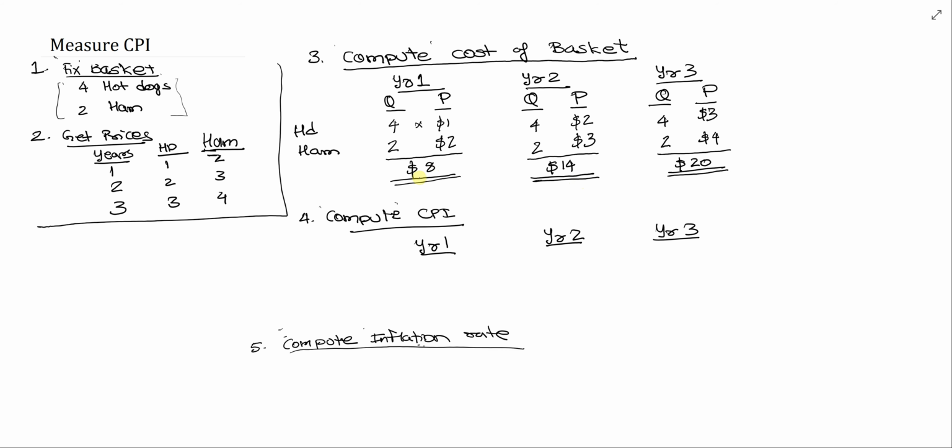Now you convert these dollars into an index number. How does one convert the dollar cost of the basket into an index number? You take the cost of the basket in each of the years, 14 in year 2 and 20 in year 3, and let's assume that year 1 is the base year.